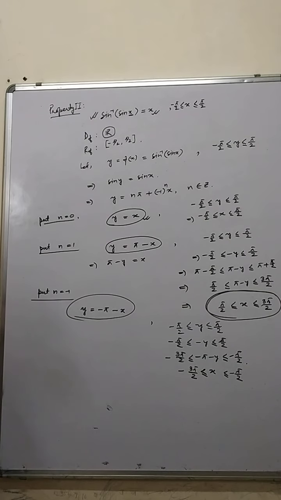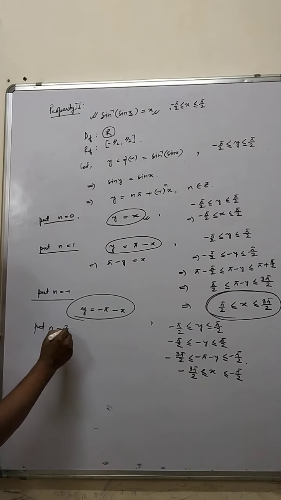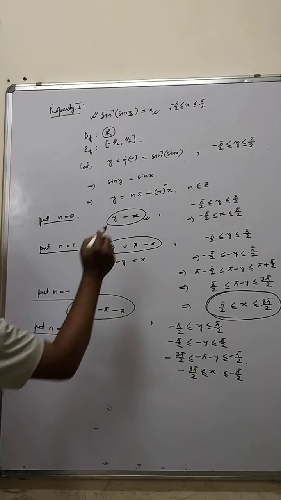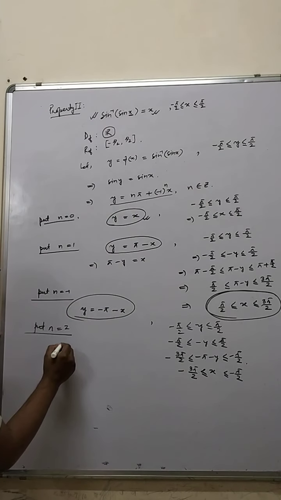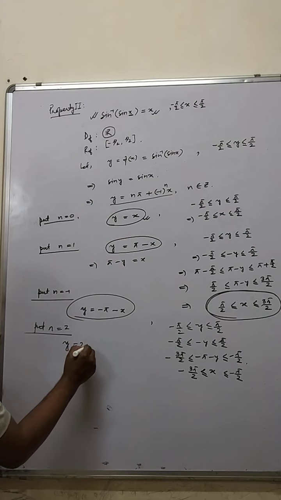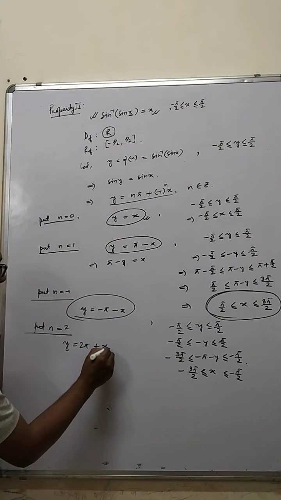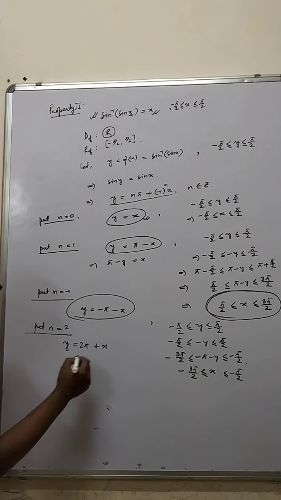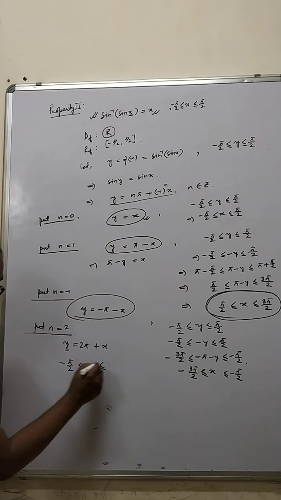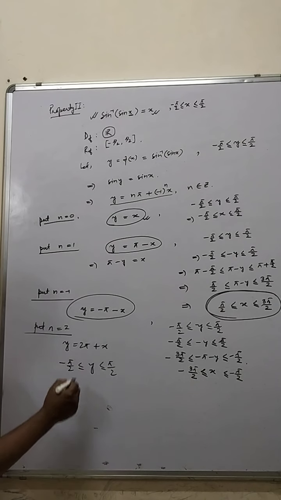Let us go for one more value, that is put n equal to positive 2. So what we get from here, y will be equal to 2 pi plus x. Again we'll work on y lying between minus pi by 2 to pi by 2, because that was the range of the function.